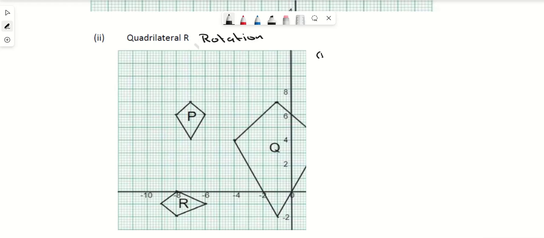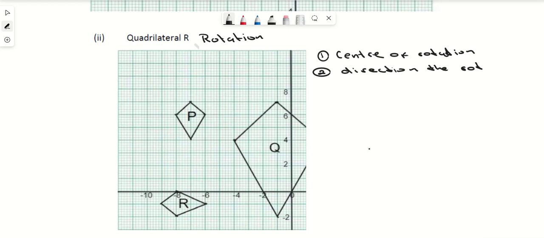Now, there are 3 things that you need to know for rotation. The first thing is you need to know your center of rotation. The second thing you need to know is the direction the rotation occurs.